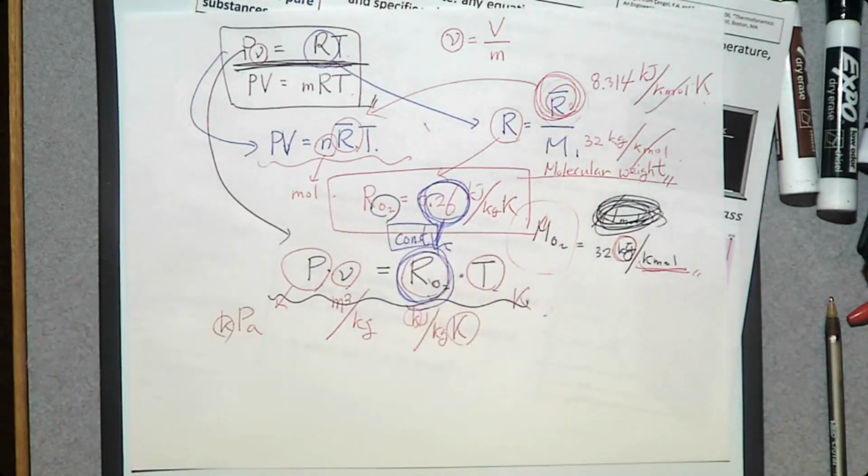But the pressure of oxygen can be any number. The pressure of oxygen in this classroom is about 100 kilopascal, but the oxygen tank in one of the laboratories over there has a much higher pressure than 100 kilopascal. So this pressure can be any number, 200, 350, any number. So this one is a variable.